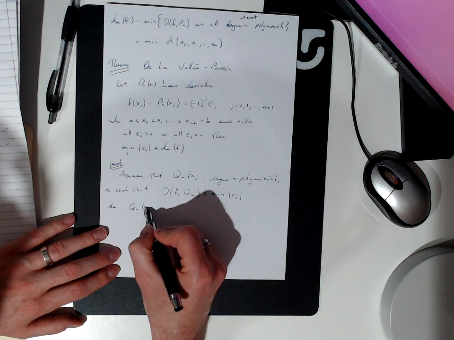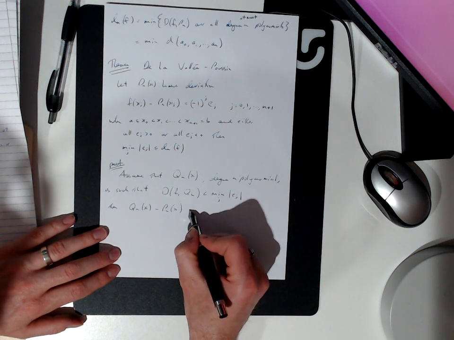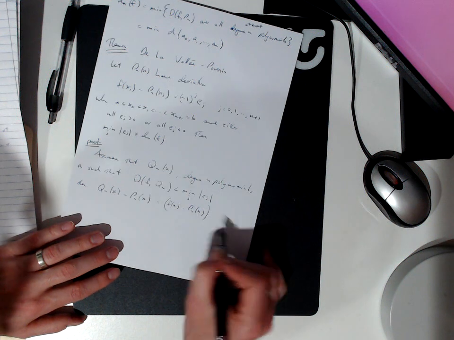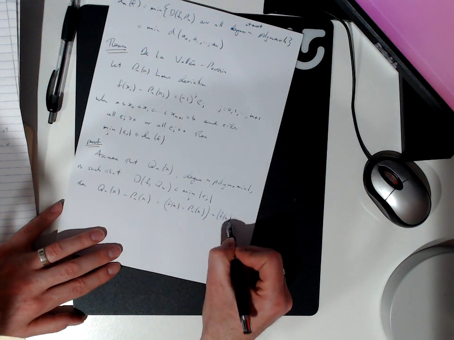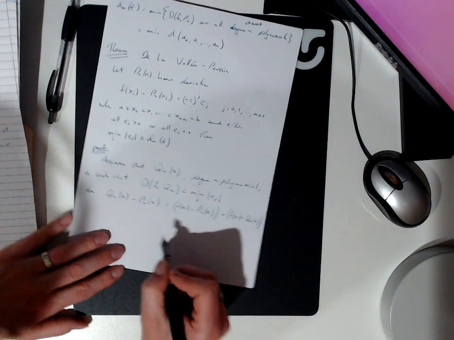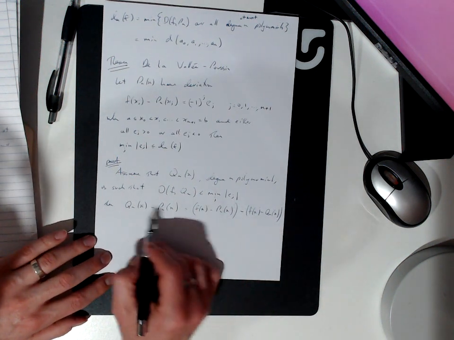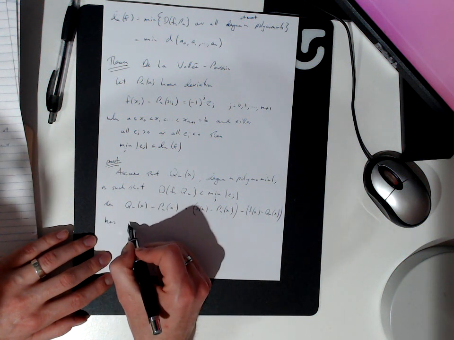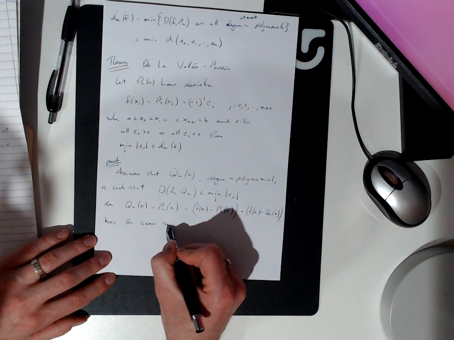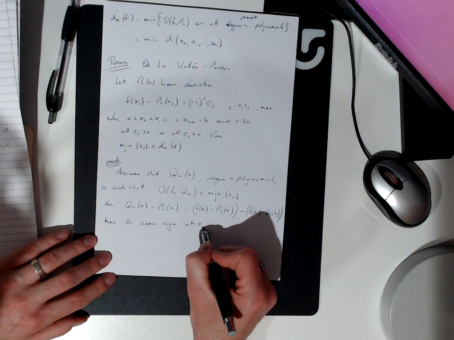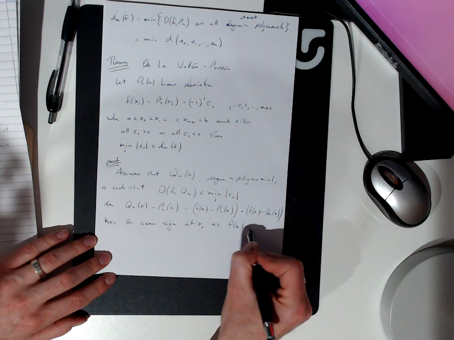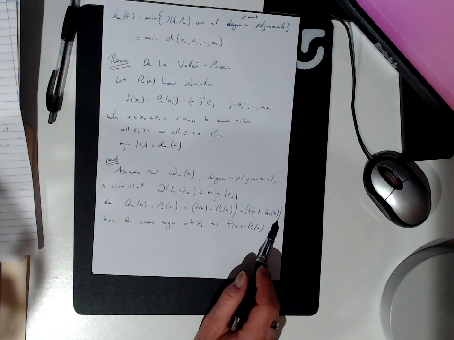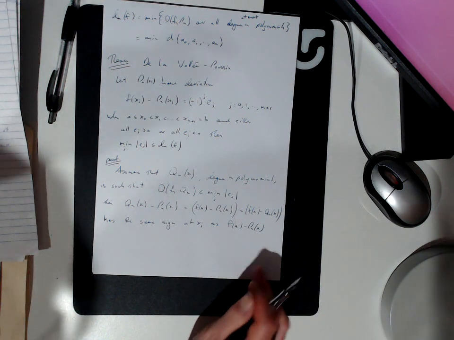Then Qn(x) minus Pn(x), which happens to equal f(x) minus Pn(x), this is by putting in f of x, of course, is also a degree n polynomial, and it has the same sign at xj as f(x) minus Pn(x). Why is that? Because we know that the deviation is less than ej, so this term is always going to be less than that term, and that means it'll have the same sign.